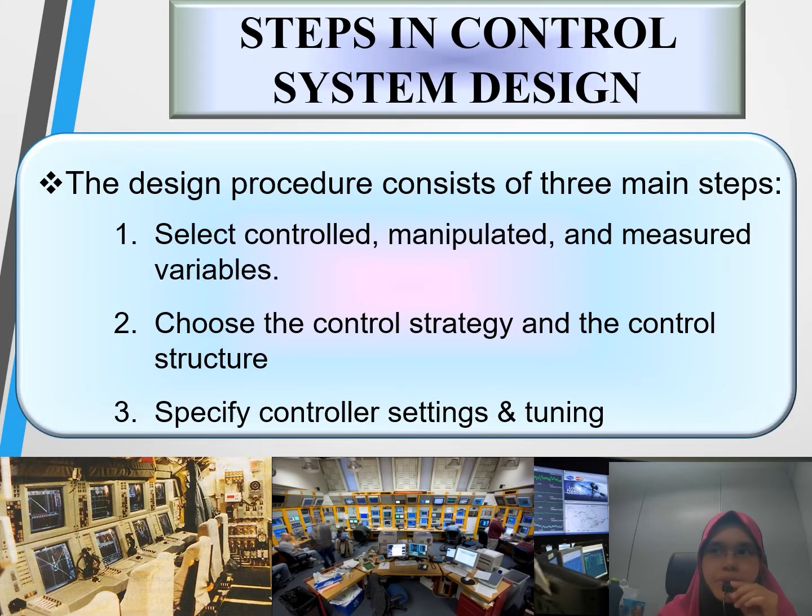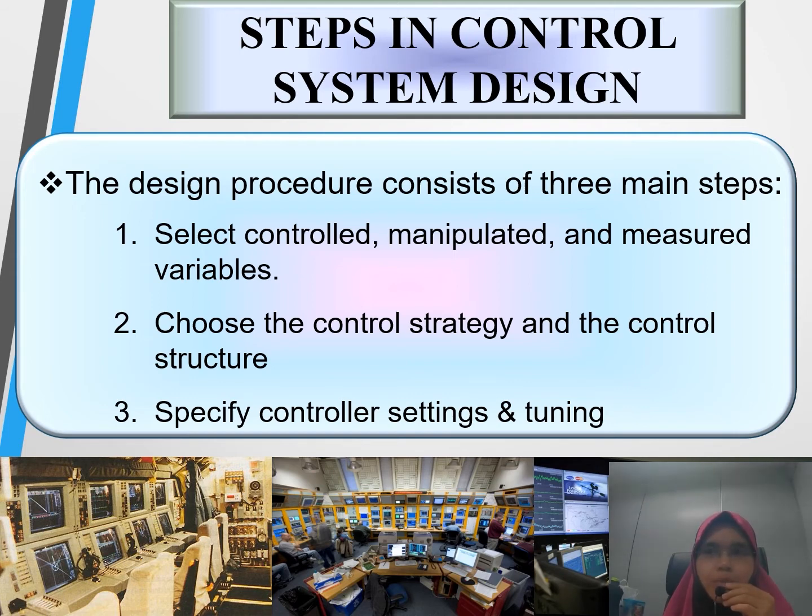Okay, for the step in control system design, there are 3 main steps. The first one is to select a control, manipulated and measured variable. Before selecting it, you have to identify it first. The second one is to choose a control strategy and control structure.